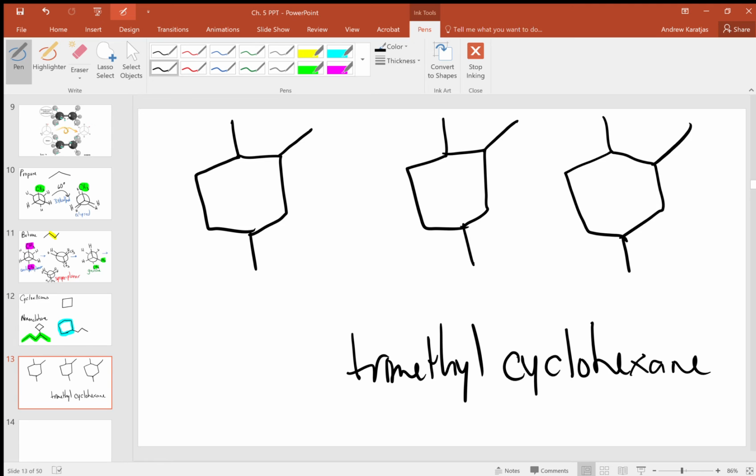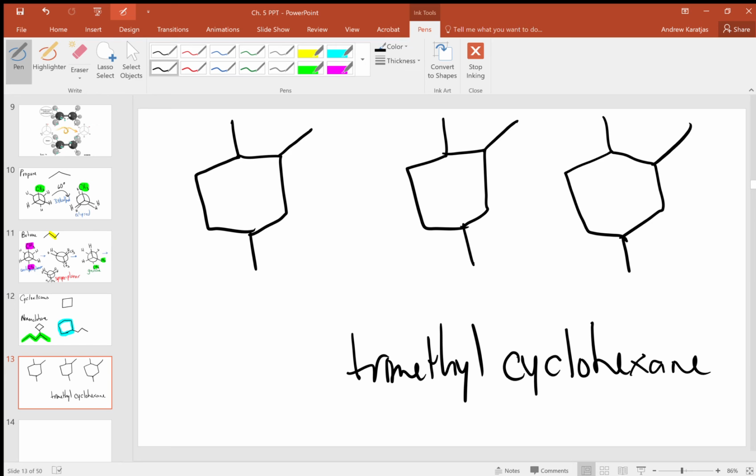But a ring, because there's no true start point or end point, we can literally start anywhere and end it anywhere. Now the basis for how we do that is exactly the same as what we learned for alkanes. We want our first substituent to have the lowest possible number. But because we can start anywhere, that means it's guaranteed that one of our substituents is going to be carbon number 1.